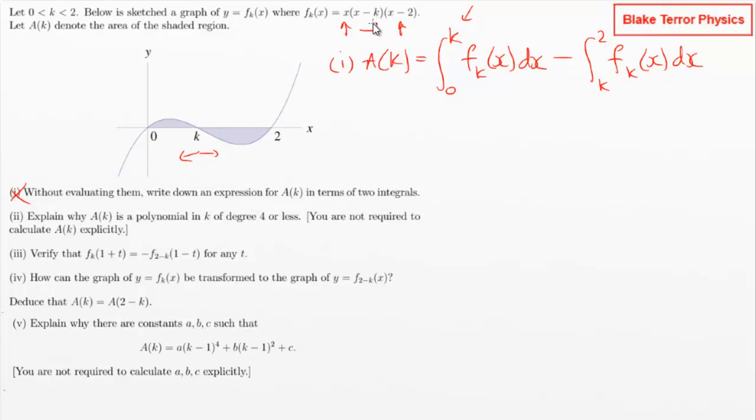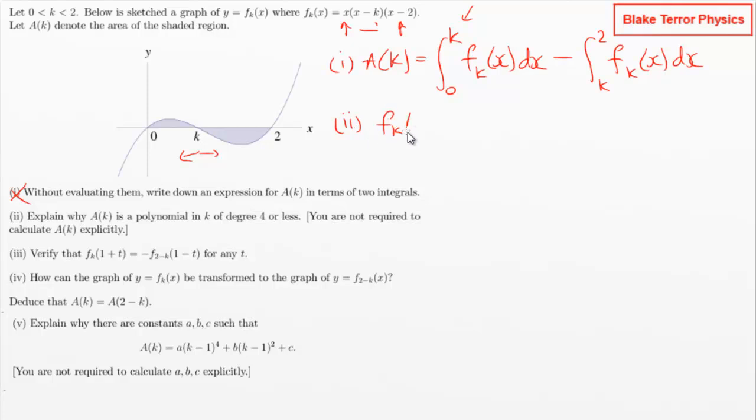So you're not required to calculate A of k explicitly. But isn't that the easiest way to do it? I don't know, let's start on that path and then abort going the whole way, maybe.